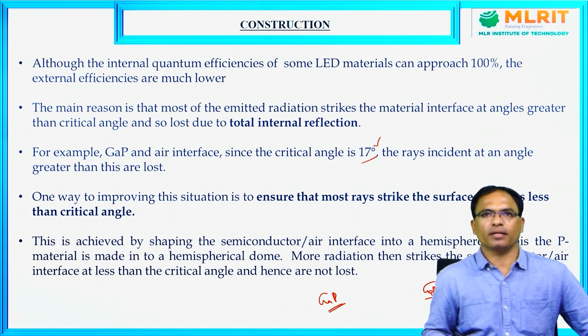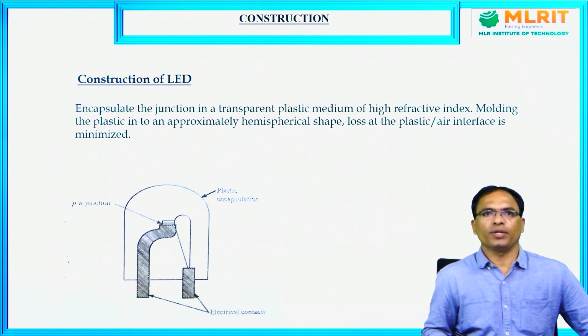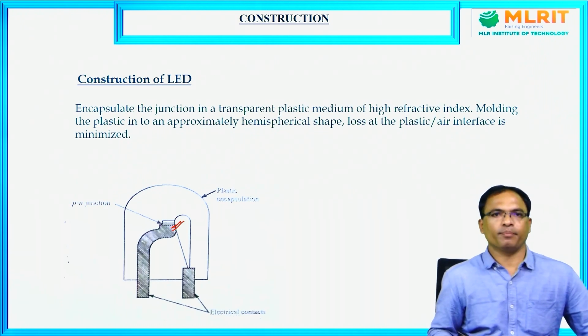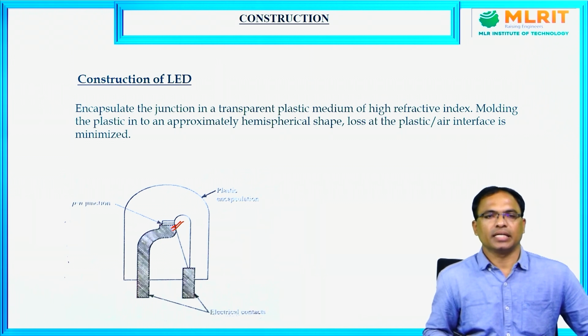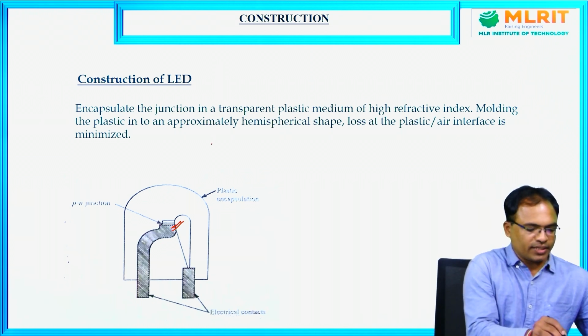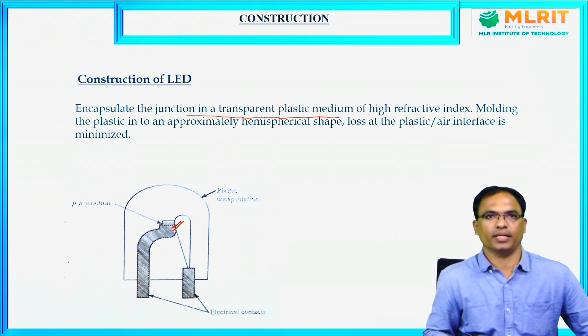So to avoid that loss, what do we have to do? The entire setup, that is the p-n junction structure, is encapsulated in a transparent plastic medium of high refractive index.